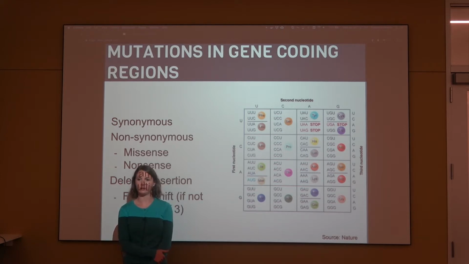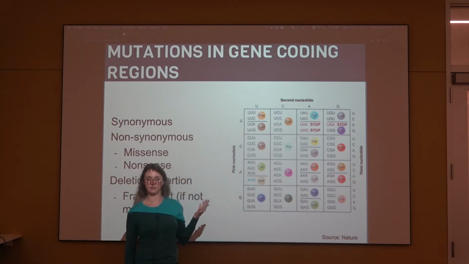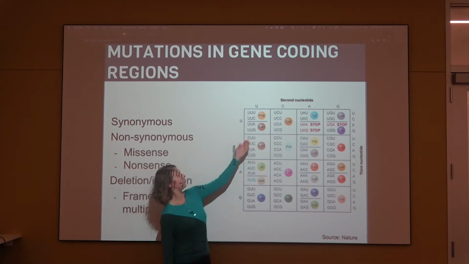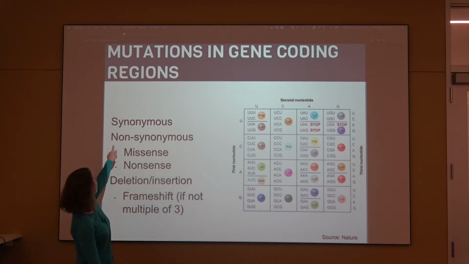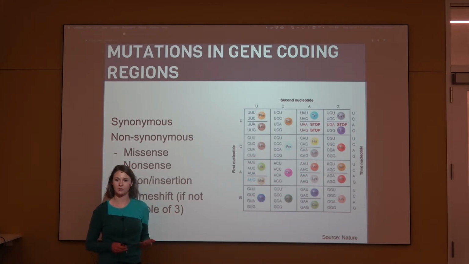What would the new codon be? UUG, right? So if the A is mutated to a G, then the new codon would be UUG, and the amino acid that's coded by that codon is still leucine, right?